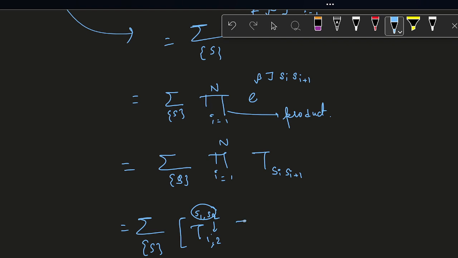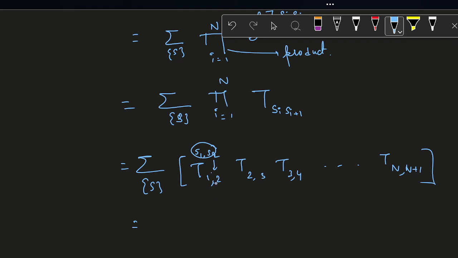And then the next product item will be when the i value is 2, that means i plus 1 is 3, so it will be T23, and similarly T34, and as you continue like that, the product also continues, and finally when the final value of i is n, the first index is n, and i plus 1 becomes n plus 1.